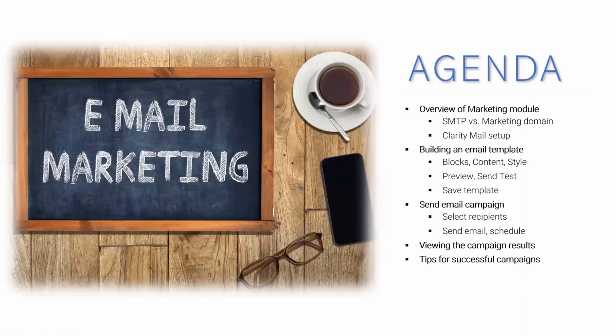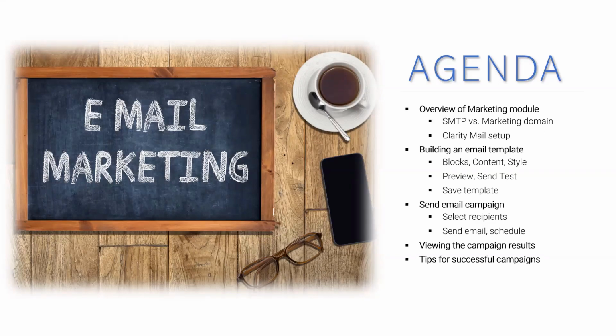So we're going to move on here to our agenda for today. First of all, what we want to do is a quick overview of the marketing module. SMTP versus marketing domain. This is why you get the marketing module. If you are using Outlook or Gmail to send your emails, you are limited in the number of emails that you can send out per day without getting yourself in trouble with them.